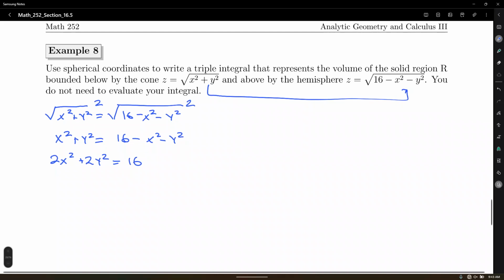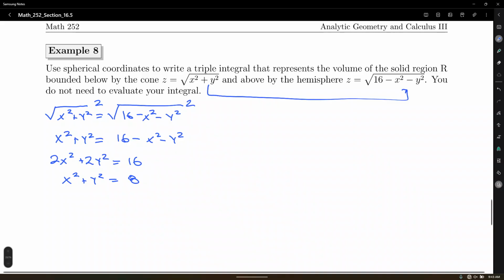Dividing both sides by 2, we get x squared plus y squared equals 8. What does that represent? A circle of radius root 8, or 2 root 2, centered at the origin.